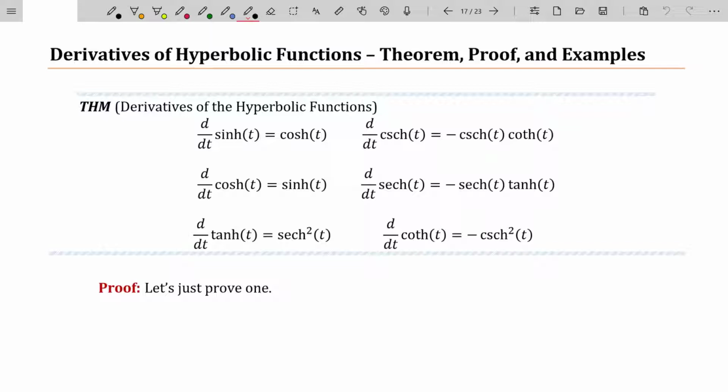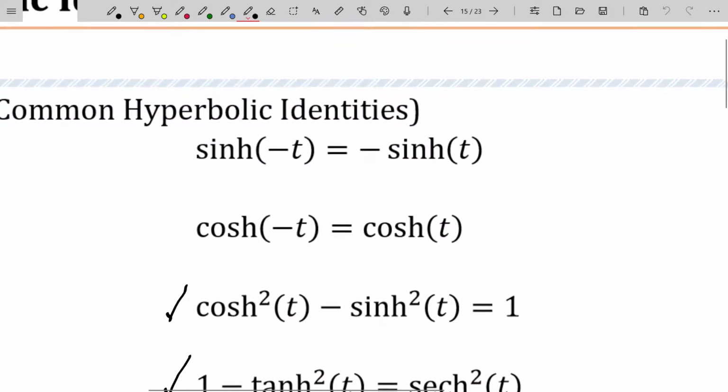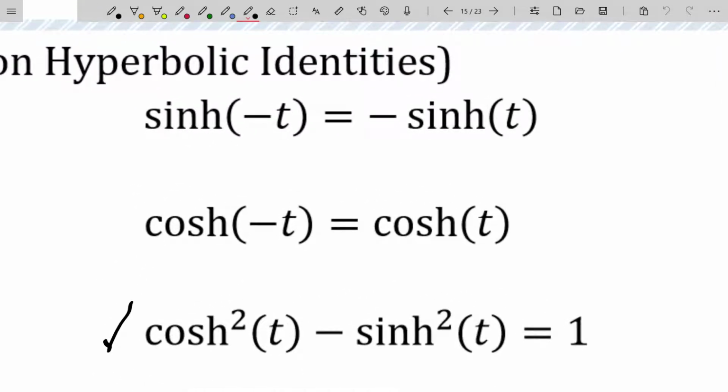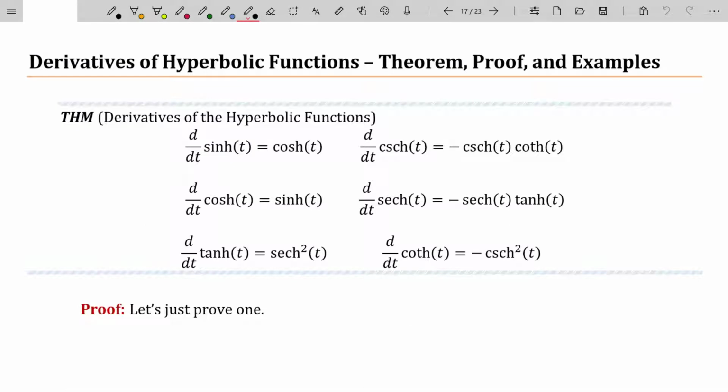You should remember the basic identities, which are that sinh is odd and cosh is even, and this third one right here, which is really the birthplace of the hyperbolic functions: cosh squared minus sinh squared is equal to 1. So those 3 are very important. The rest can be derived somewhat quickly if you needed them, but generally you won't need them. But again, derivatives, yeah, you're going to need these.